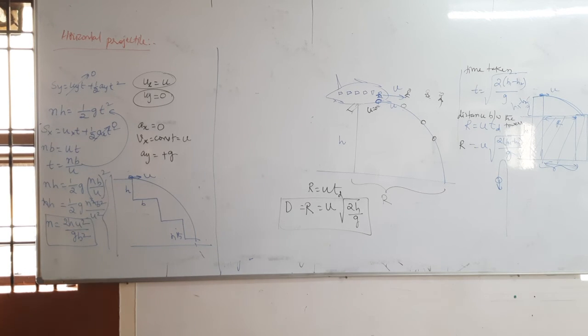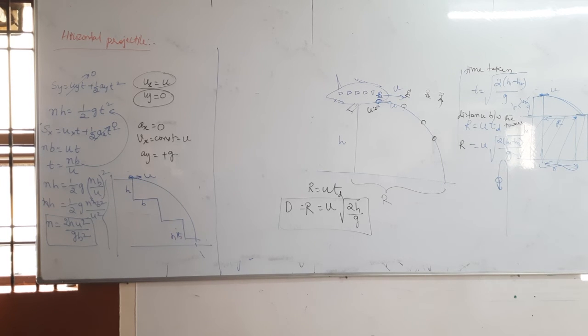One, write a problem. From the top of a tower, one stone is thrown towards east with velocity u1.